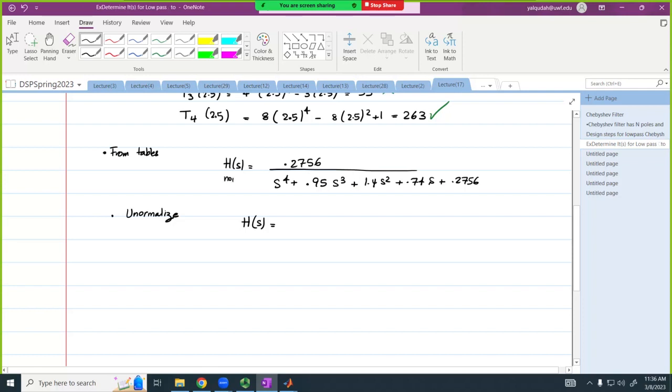So this is denormalized, and H(s) is going to equal 2756 over s to the power 4 plus 9.5 s cubed plus 145.3 s squared plus 1453 s plus 2756.